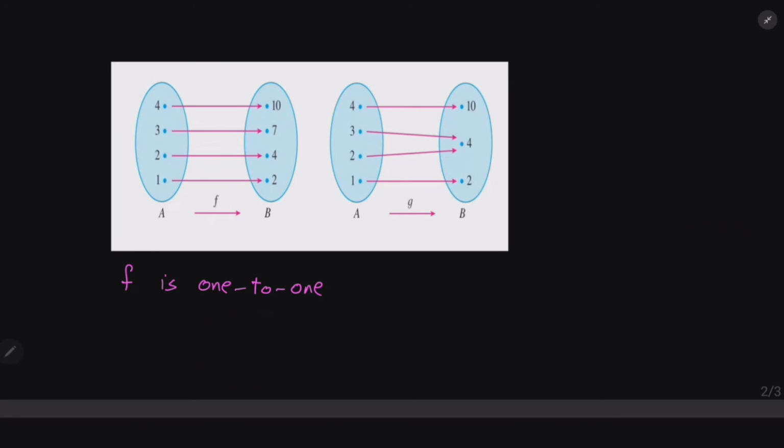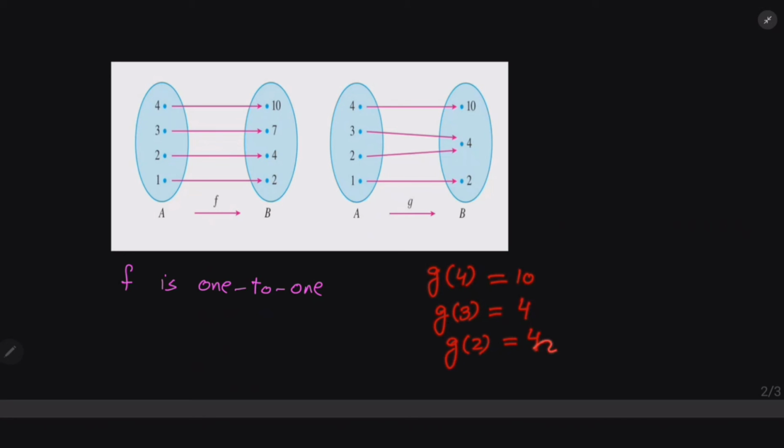So that is a desirable property over here. Here, for the second function, which is g, let me find the value of g for each input. When the input is 4, we get the answer 10. When it is 3, the answer is 4. When it is 2, the answer is 4 again.